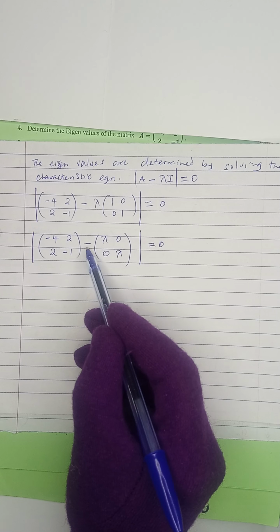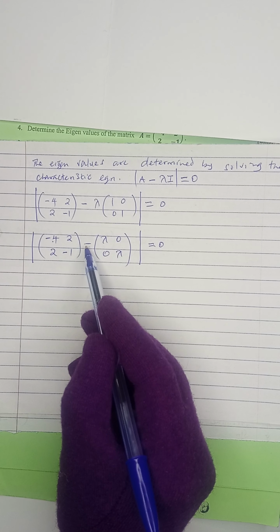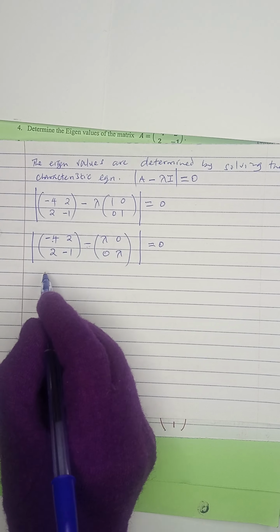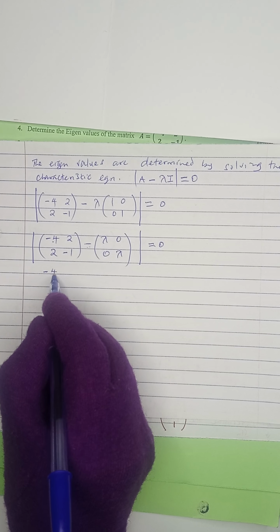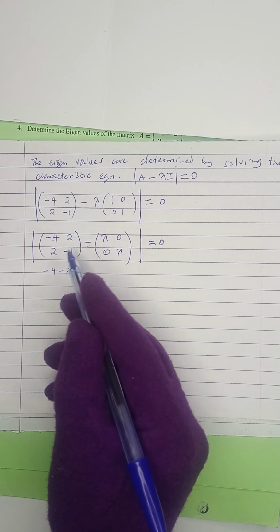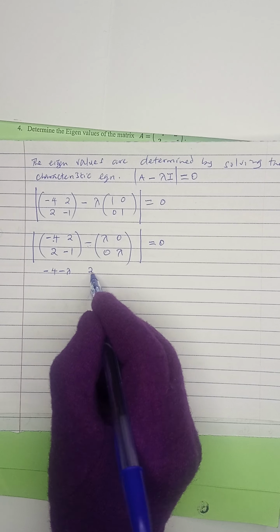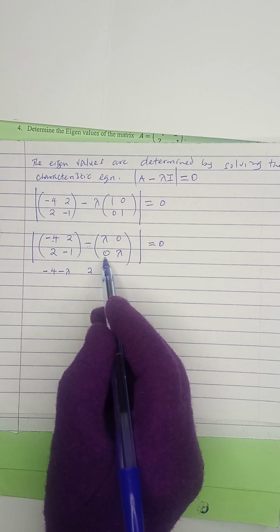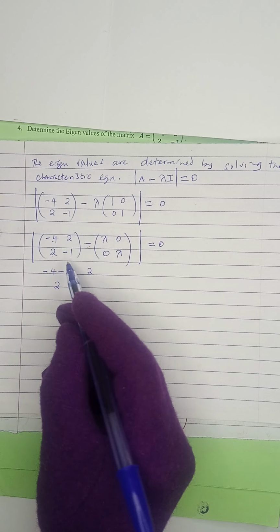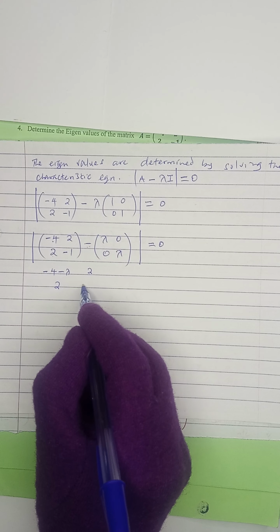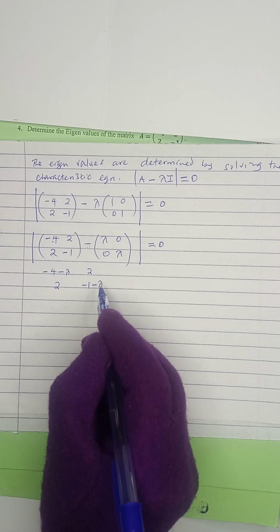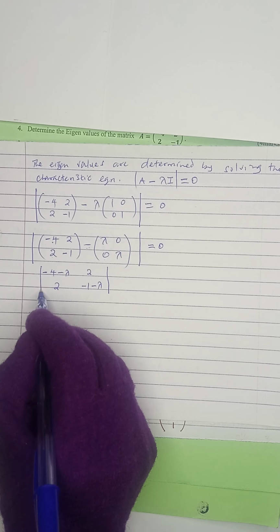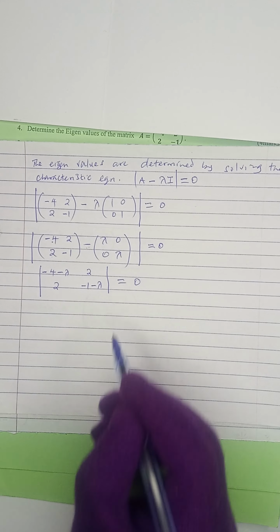So what you do here is subtract: -4 minus lambda, then 2 minus 0, we have 2, then 2 minus 0 again, we have 2, then -1 minus lambda. The determinant of this should be equal to 0.